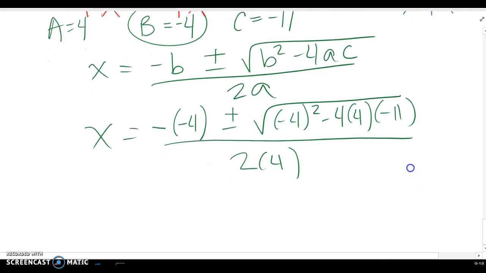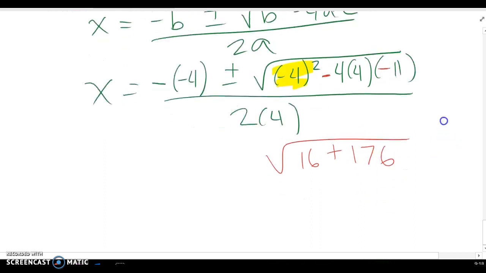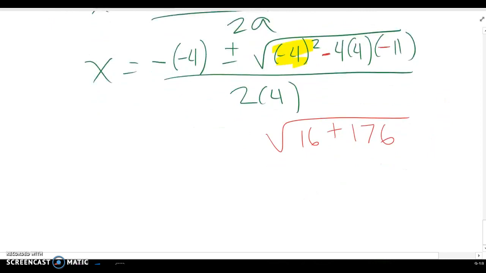Now I need to go through the order of operations to simplify. I'm going to start off with negative 4 squared is 16. A negative times a negative is a positive. And 4 times 4 times 11 is 176. 176 plus 16 is 192.